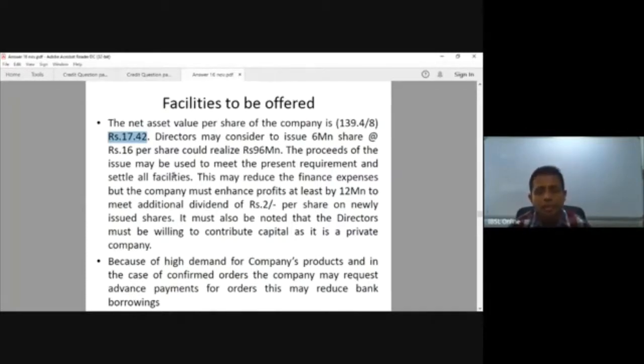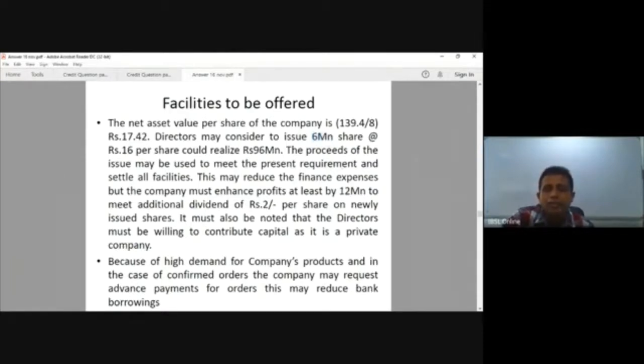Here also the warning is, when you issue 6 million new shares, if you declare next year at least 2 rupees per share, that means an additional dividend payment of 12 million.